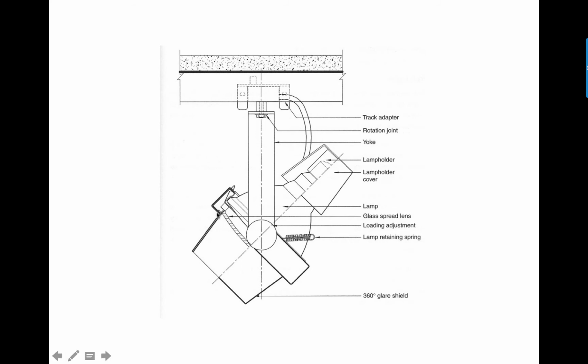So they're really handy. They typically have snap-on features here that can control glare. This is a glare shield, but there's also a spread lens if needed to soften the light so that you don't get any bright spots. And they're obviously quite simple and cheap, and that's what we have in the Art Center. We have MR16 gimbal ring fixtures.